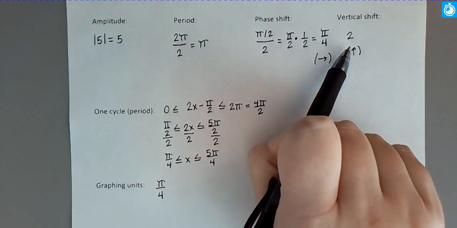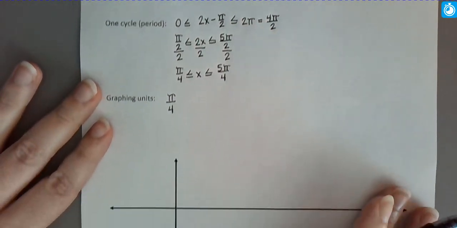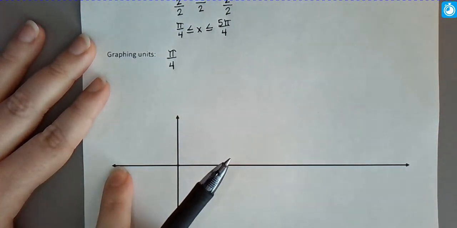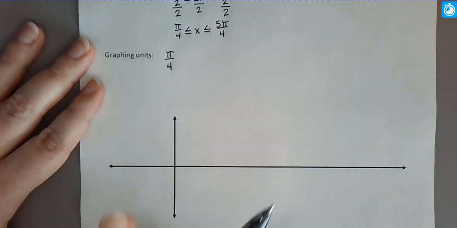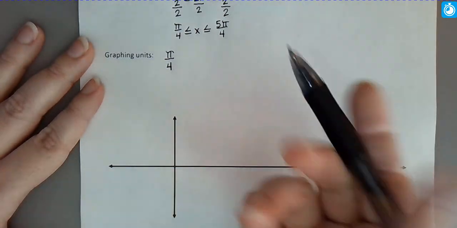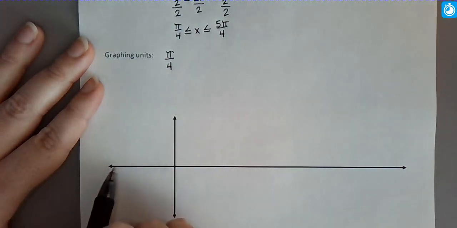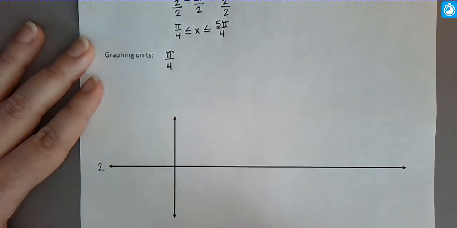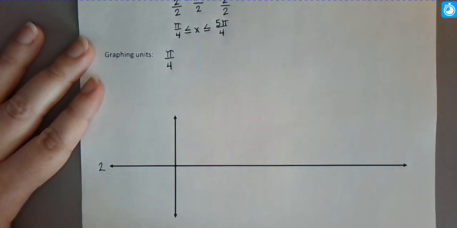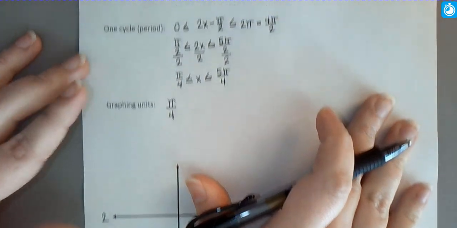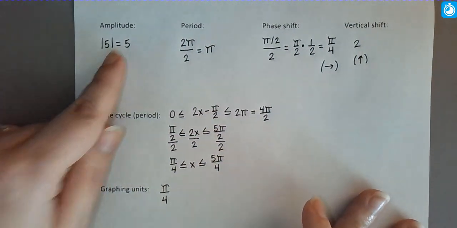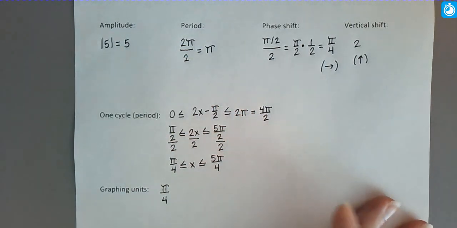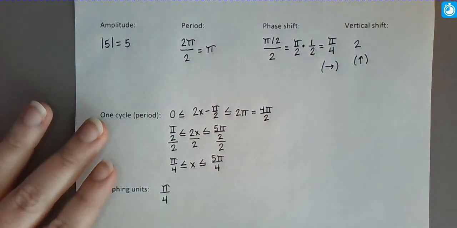I'm going to start with the vertical shift, and I like to start at the center of the graph. Normally the center is truly the x-axis, which is at y equals 0, but we've shifted everything up by 2 units. So y equals 0 is no longer the center. Now the center of the graph is 2 units above, which is y equals 2. From there, the amplitude tells us we have to go 5 units above the center and 5 units below the center to hit the relative maximum and minimum values.